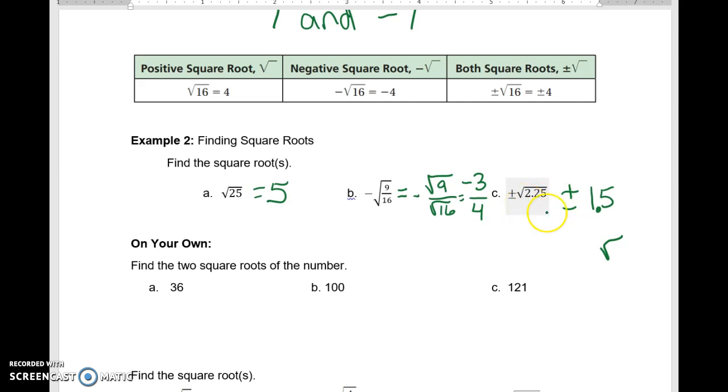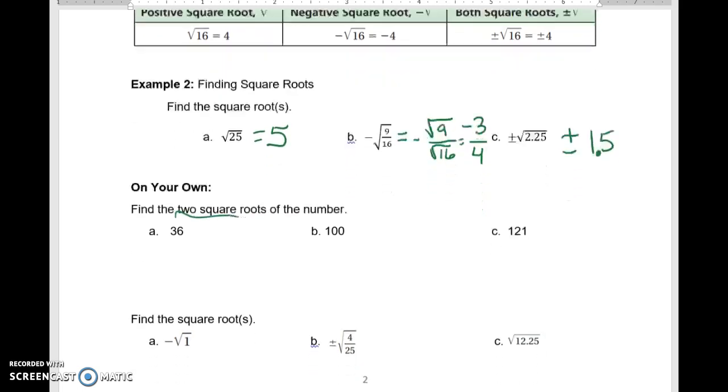So here are 3 on your owns. It says find the two square roots. So make sure you pay attention to those directions there and pay attention to whether your teacher told you to do the on your own or not. So you probably do have those three finished by now.